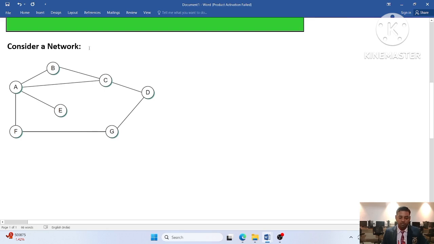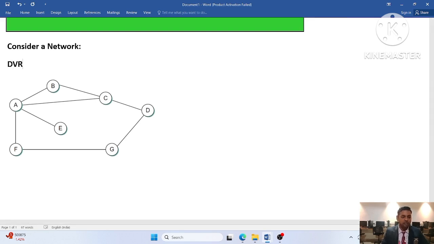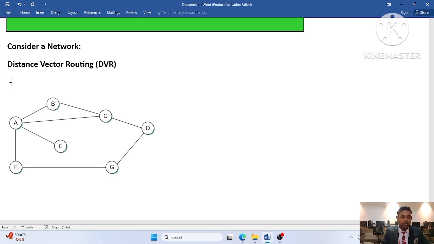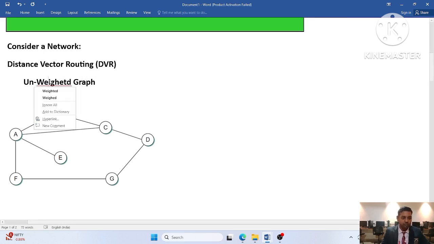We can apply the DVR algorithm, distance vector routing, only when the network graph is unweighted and also when the graph is undirected.